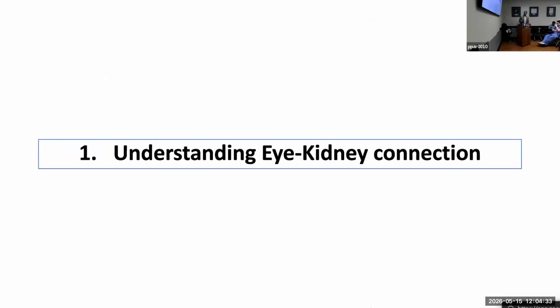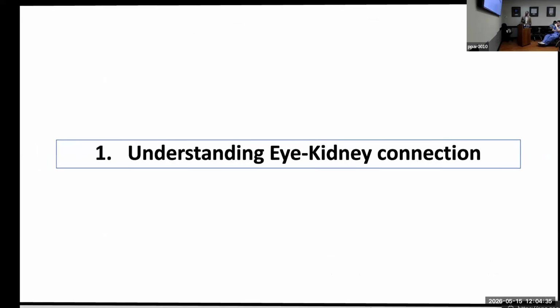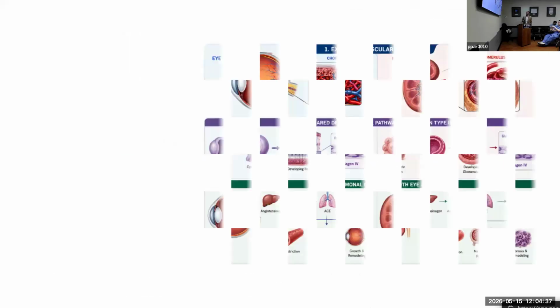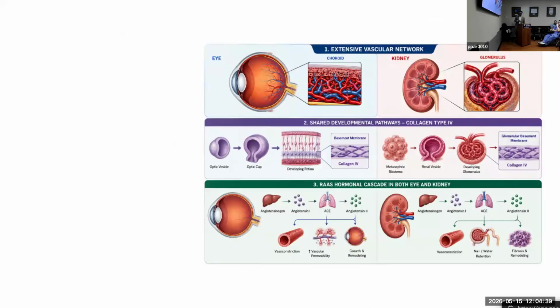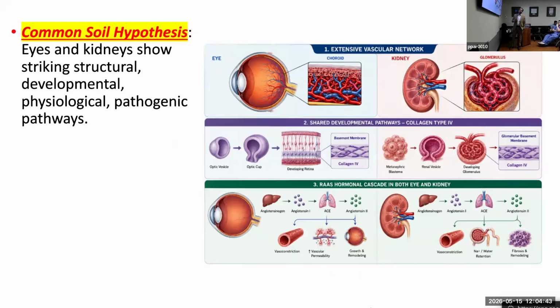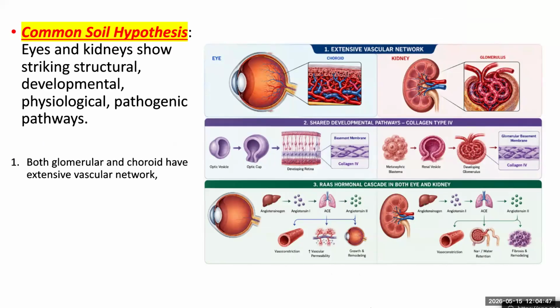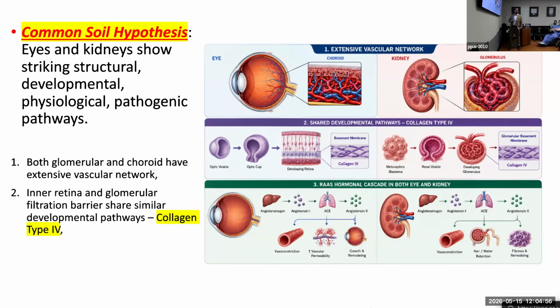So our first objective: understanding the basic connection between the two. I got some interesting facts in common. They are structurally, developmentally and physiologically connected, with common pathways. Both have dense vascular networks, so as the choroid in the eye, we have the glomerulus in the kidney.